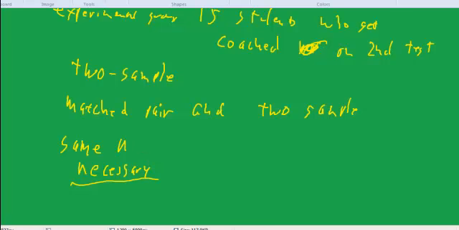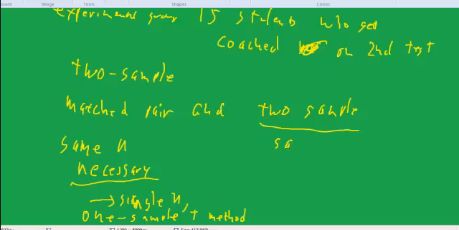So there's really a single n. There's just one n, which is why we use the one sample method even though we're doing a before and after. It could either be a t-test or a t-interval.